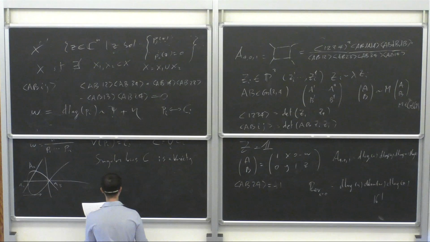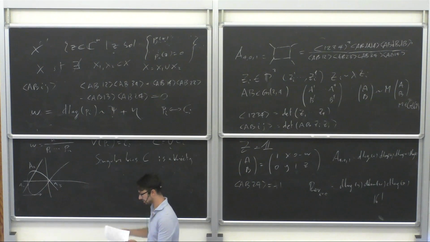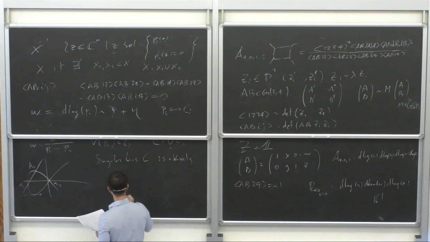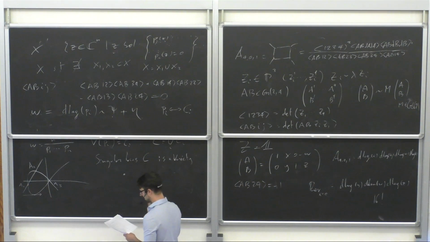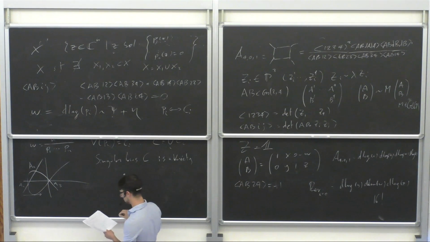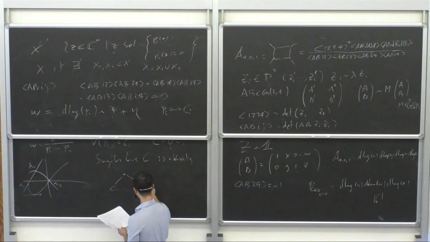So now my point is that if we want to visualize all the possible residues on this form, we can draw a diagram where the first point is the form itself. Then we can write the irreducible components of its denominator.